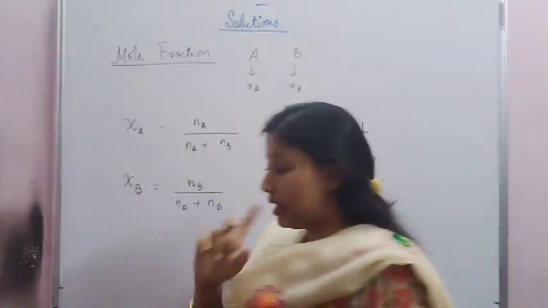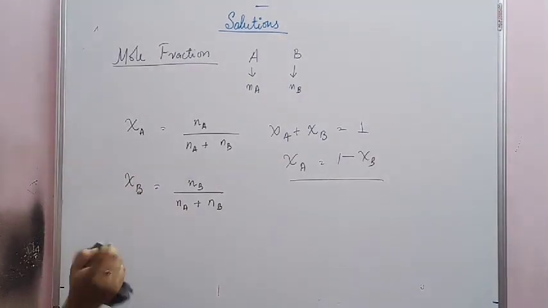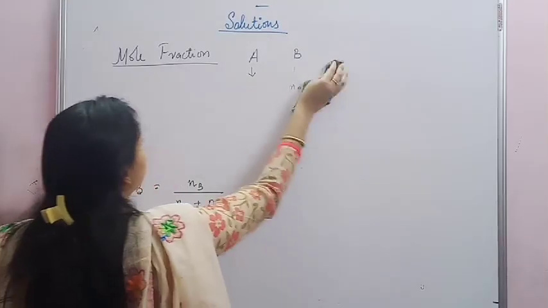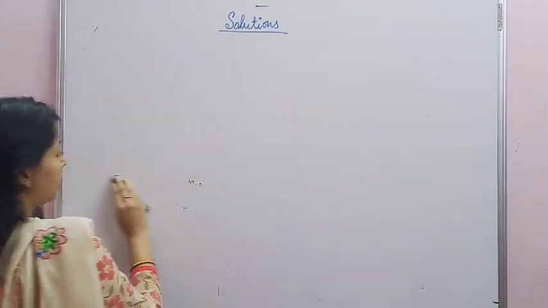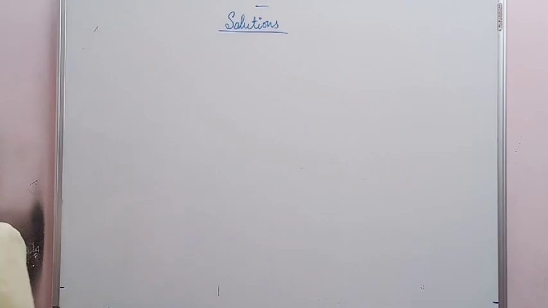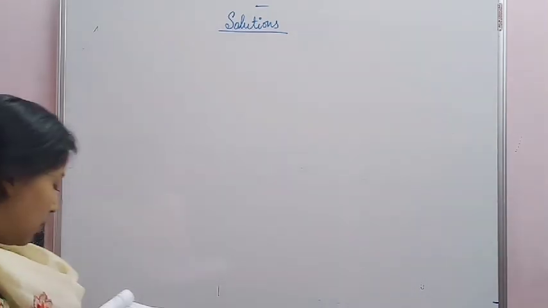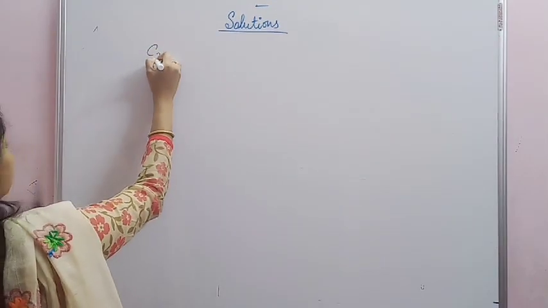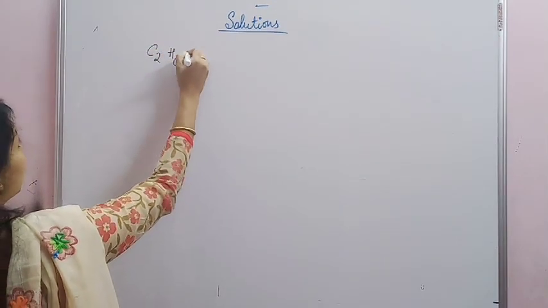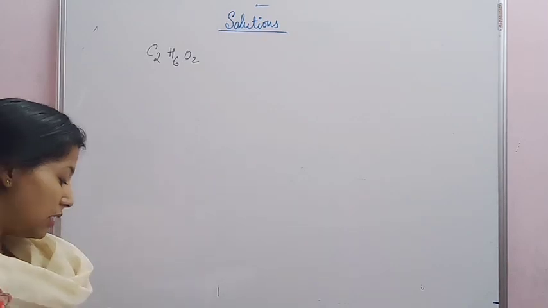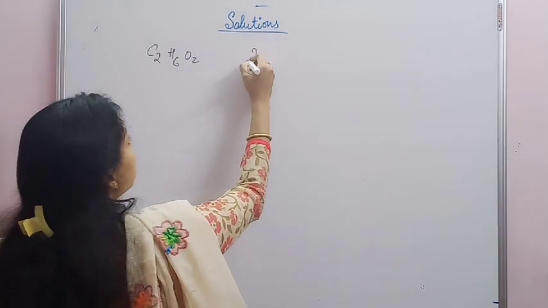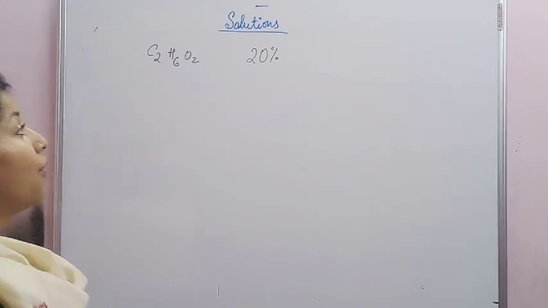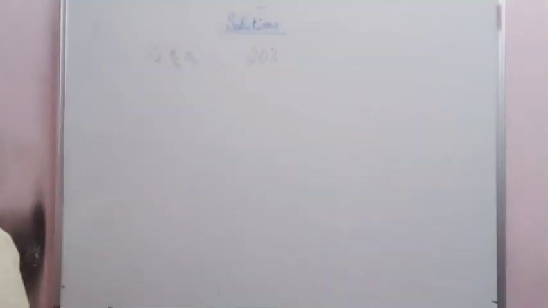Let's find out. I'll give you one small example. There's a question here which says the mole fraction of ethylene glycol, C2H6O2, in a solution containing 20% by mass of ethylene glycol.